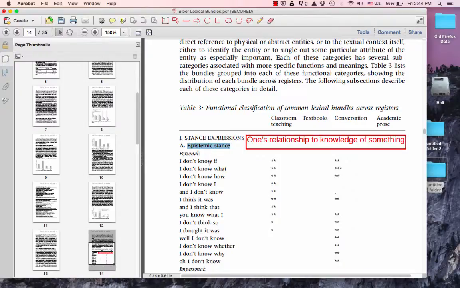And so all of these phrases down here indicate what the speaker's relationship is in knowledge to the thing they're talking about. Okay, so me as a speaker, I am indicating to the listener about my relationship, the state of my knowledge, that is to say, of whatever it is I'm talking about.